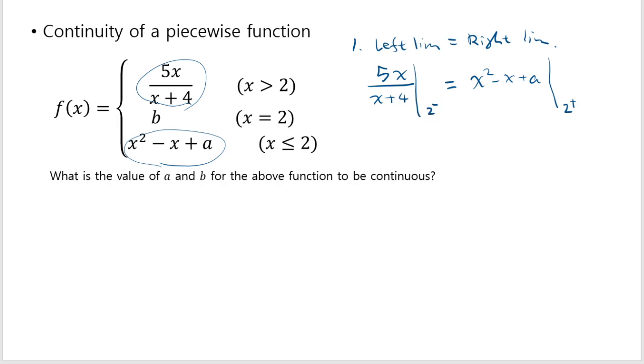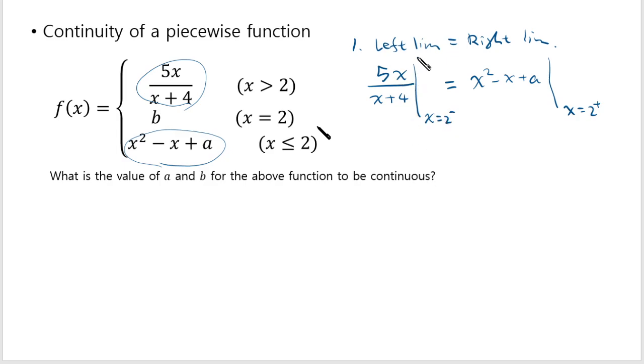Often you would write this as x equals 2 minus, x equals 2 plus, just to emphasize the fact that you're plugging these numbers into x.